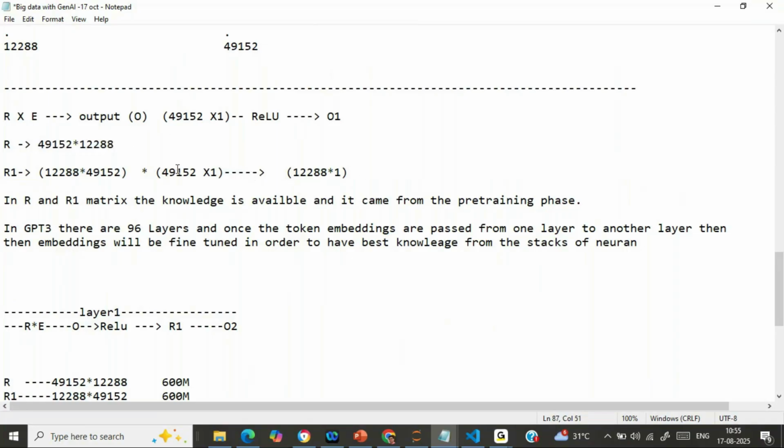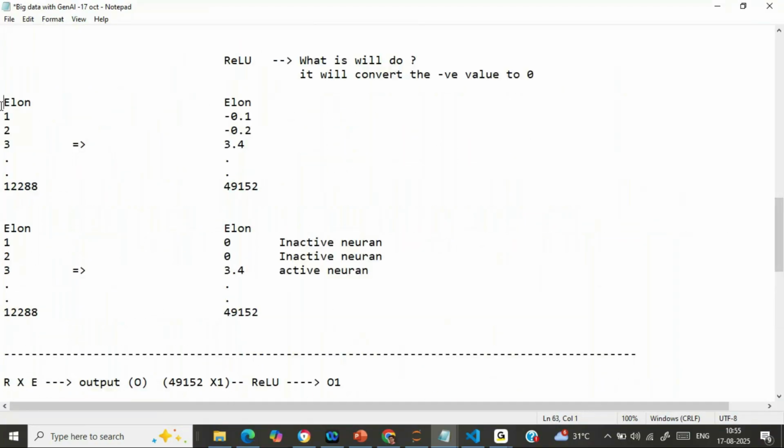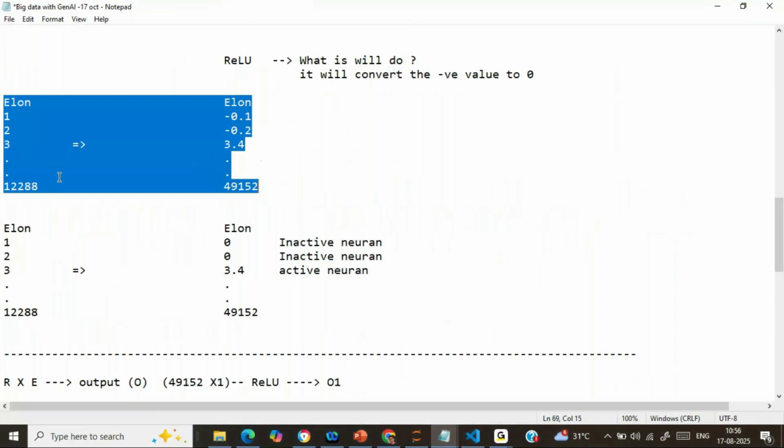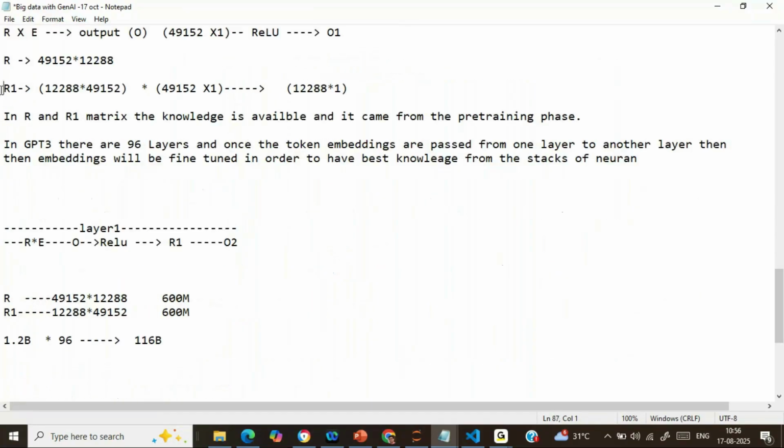Previously, once we had taken the upward projection matrix, 12288 features were converted to 49152. Once we take the downward projection matrix R1, which has this particular size, it is multiplied with the output of ReLU, and in the response we get a 12288 cross 1 value.